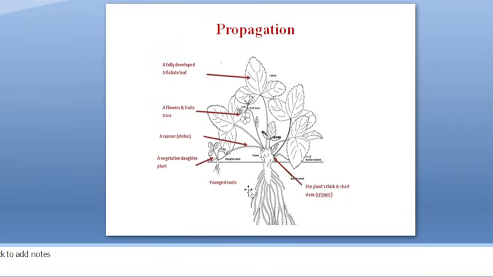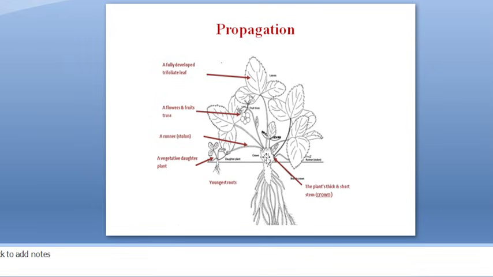Next is propagation in case of strawberry. So this is the strawberry plant. Here you can see it always has trifoliate leaves, and it will produce adventitious daughter plants and also stolons.